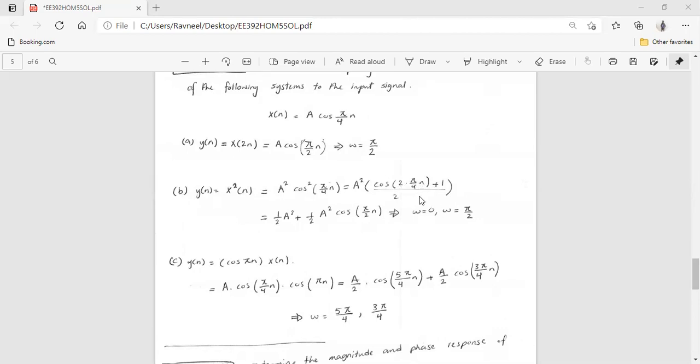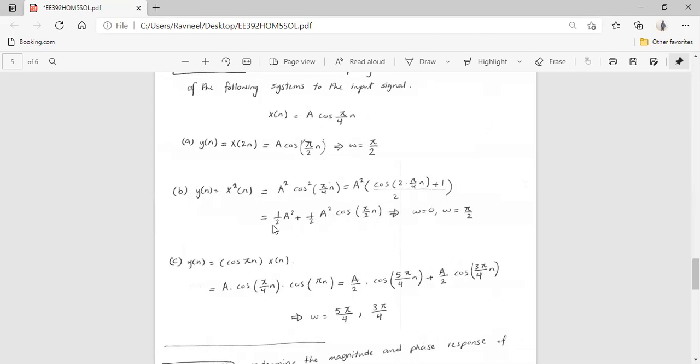You can check the property. Based on that property, this cos squared pi upon 4 multiplied by n is expanded, right? Is evaluated, and based on that, we get a simplified version as this, right? This particular term, that is half a squared plus half a squared cos of pi upon 2n, right?